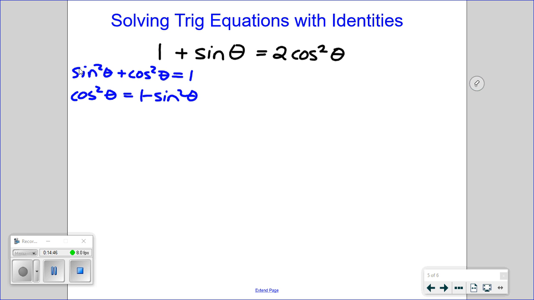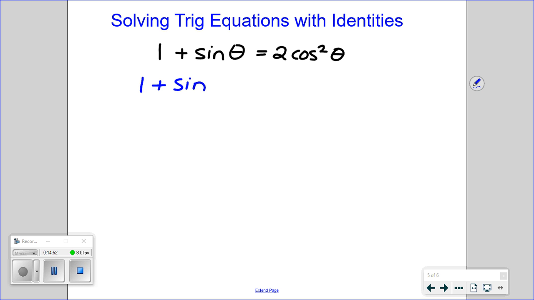Okay, so we'll replace cosine squared with 1 minus sine squared. At least that way, we only have one trig function in the equation. Our equation is now only in terms of sine. So that's going to make it easier to solve.